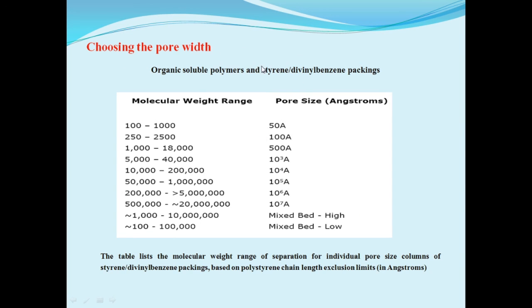Choosing the pore width, organic soluble polymers and styrene divinylbenzene packing: molecular weight range, pore size in angstrom unit. Here, molecular weight range 100 to 1000, pore size 50 angstrom; molecular weight range 250 to 2500, pore size 100 angstrom; 1000 to 18,000, pore size 500; molecular weight range 5000 to 40,000.